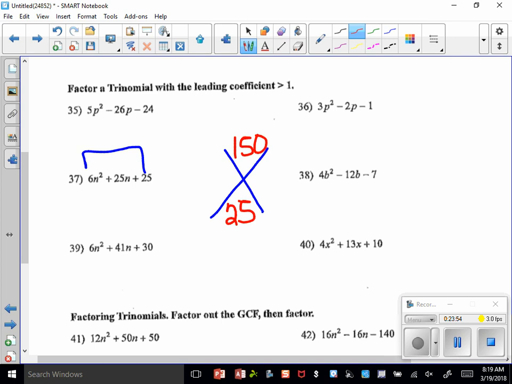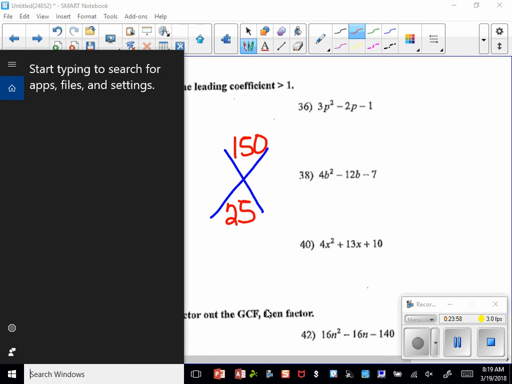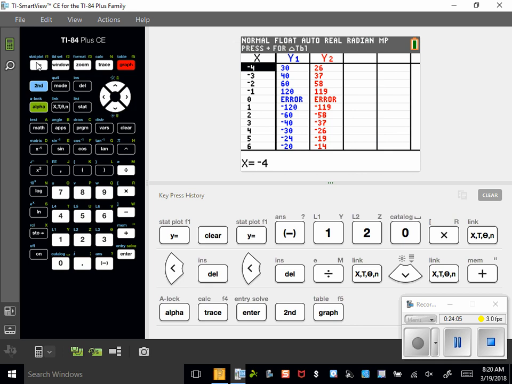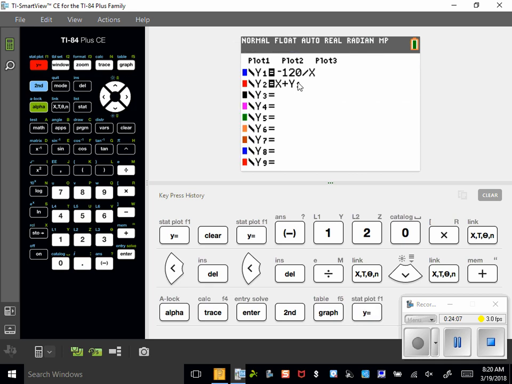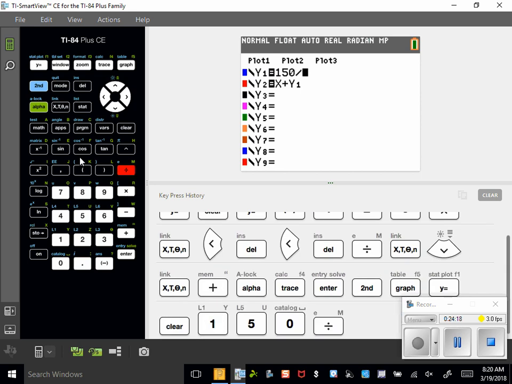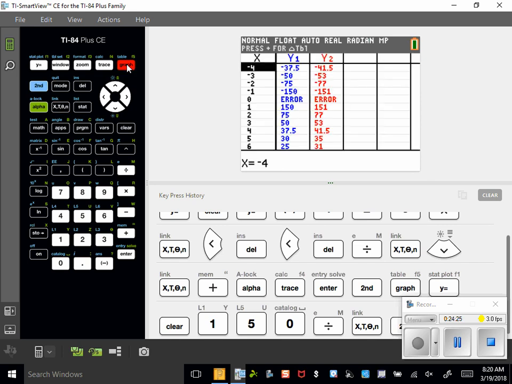So now all I need to do is go to my calculator and put in 1. You don't need to change the Y2 column. You already have that set like you want it. That X plus Y1 will stay. You only need to change Y1 to 150. So we're going to do 150 divided by X. Okay, and then I'm going to go to the table and I'm going to look for my B term.